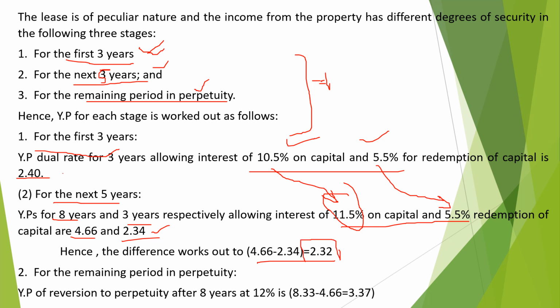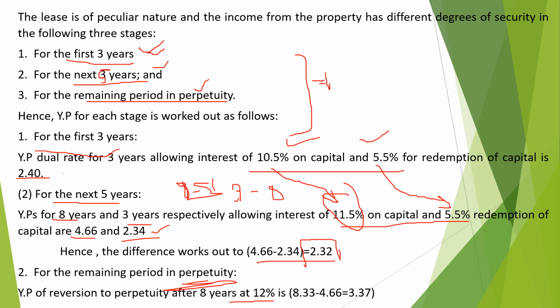So this is YP for the next 5 years, means 3 to 8 years. Then after 8 years, we assume the value to be perpetual.